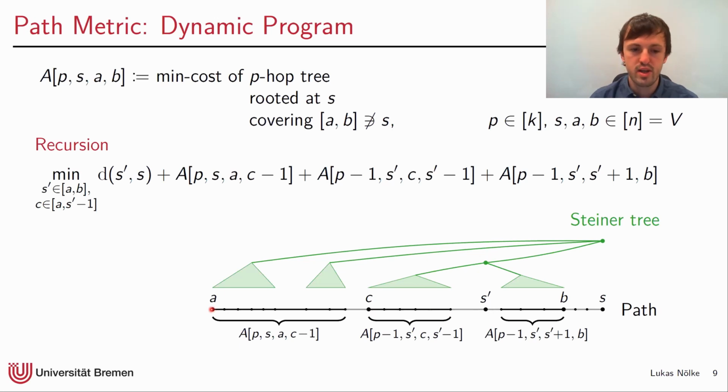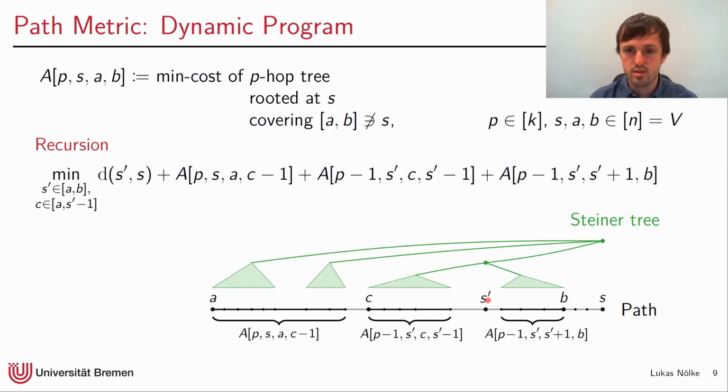And then we have possibly several remaining subtrees from A to C minus 1, which are anchored directly to S. Then the cost of this tree is the distance from S to S prime, this edge, plus the cost of the subtrees, which have a hop distance of P minus 1 and are anchored at S prime, plus the cost of the remaining subtrees, which are anchored at S and have hop distance P still, and span the interval from A to C minus 1.